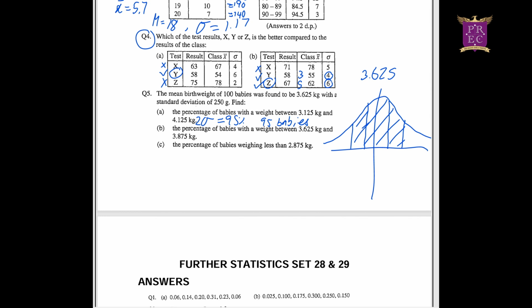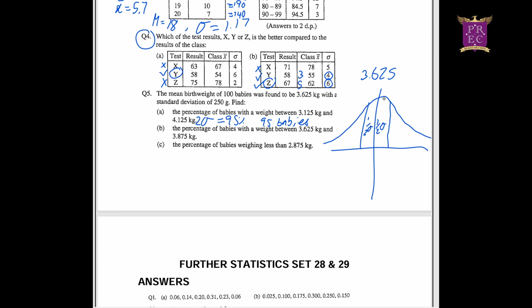Next one. The percentage of babies with the weight between 3.625 and 3.875. 3.625 is right in the middle. Okay, that's the mean. And 3.875 is 1 standard deviation to the right. Okay, we know that half a standard deviation actually, because this will be a full standard deviation.